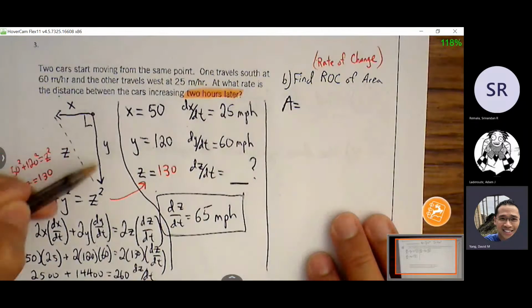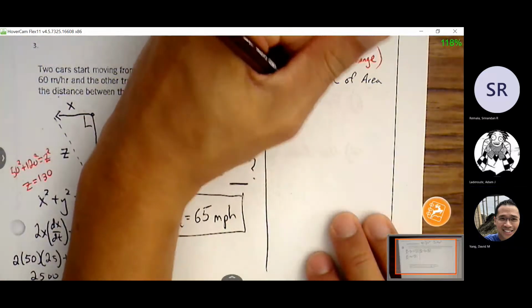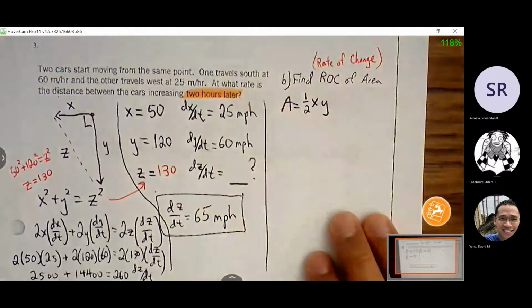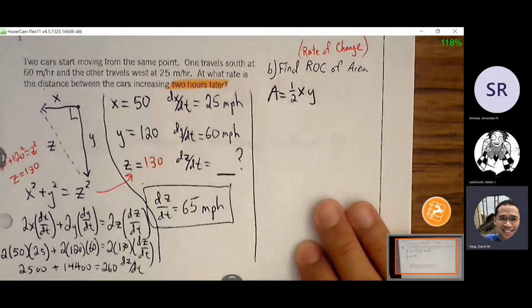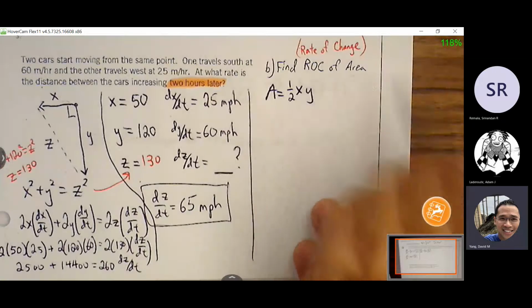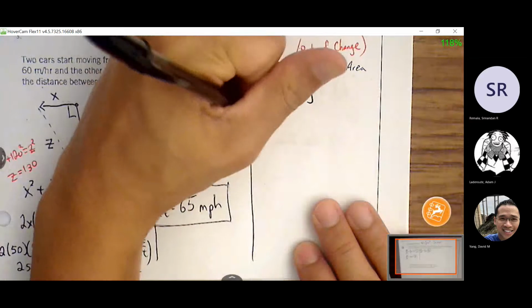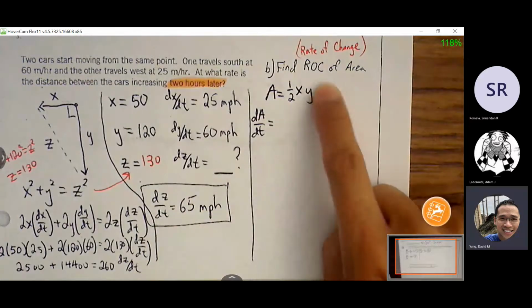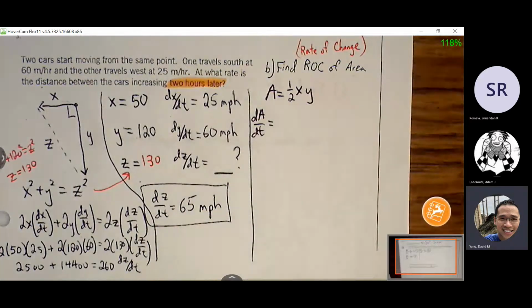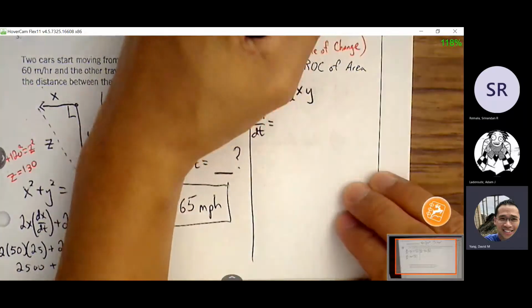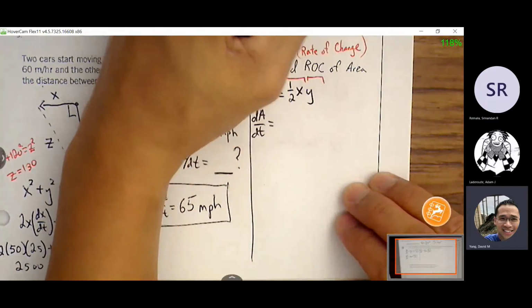I'm using the variables that I've already created here. If I want to find dA/dt, what do I have to involve here on the right side? Product rule, yeah. x and y multiply together.